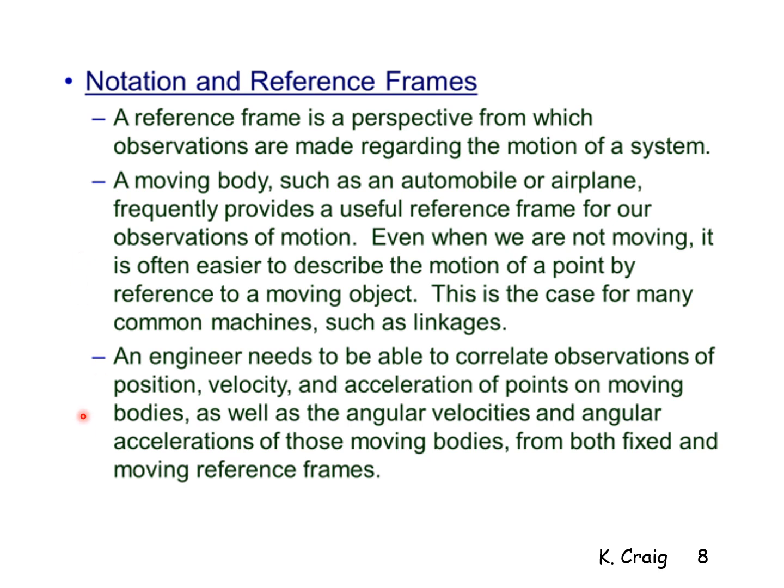So an engineer needs to be able to correlate observations of position, velocity, and acceleration of points on moving bodies, as well as the angular velocities and angular accelerations of those moving bodies from both fixed and moving reference frames. Depending on your reference frame, that will determine what you observe, what the answers are when you ask, what is the velocity of an object?